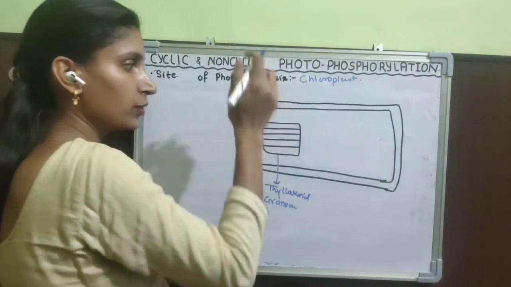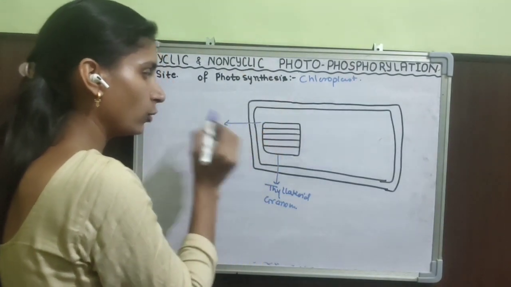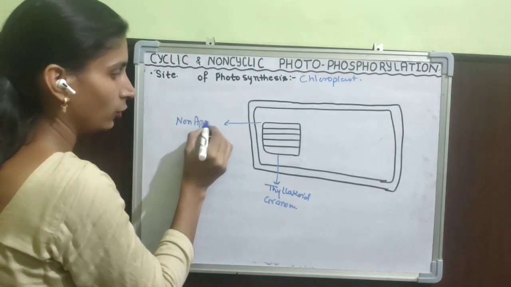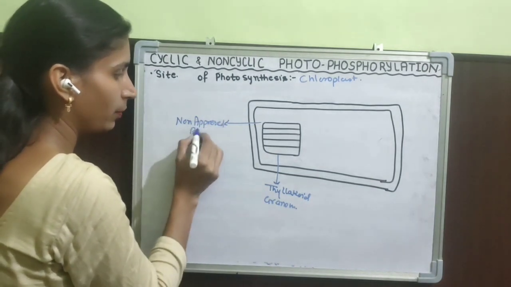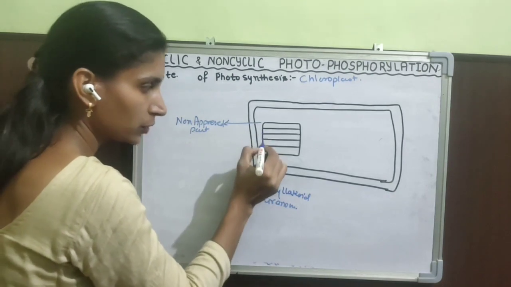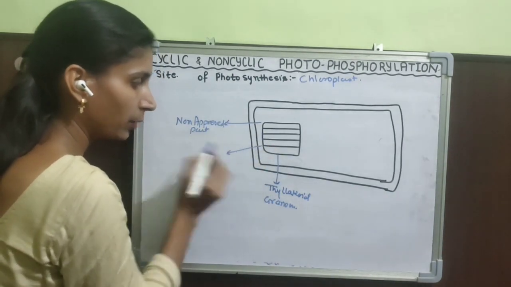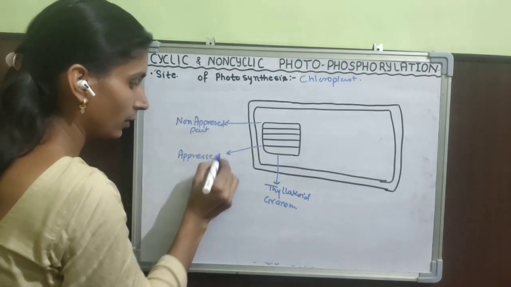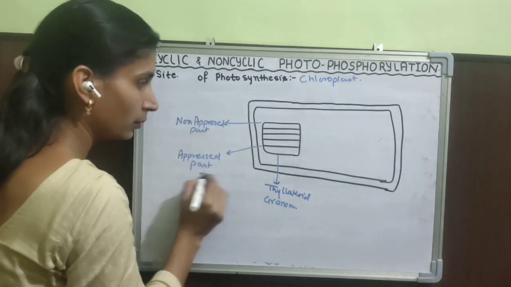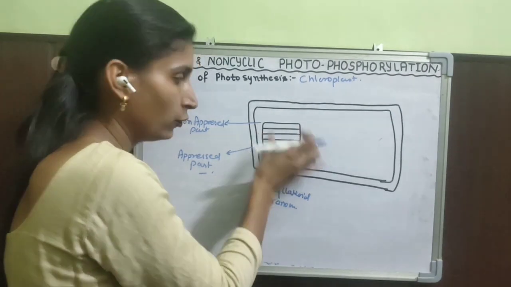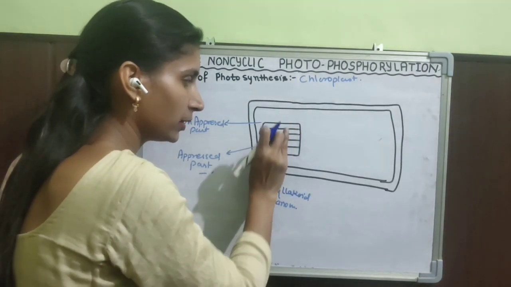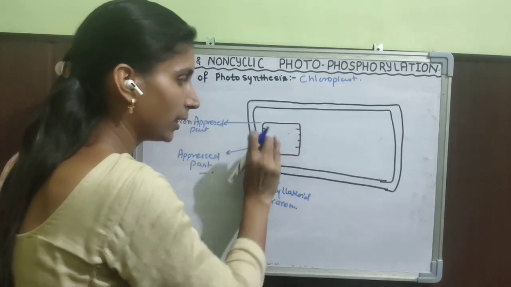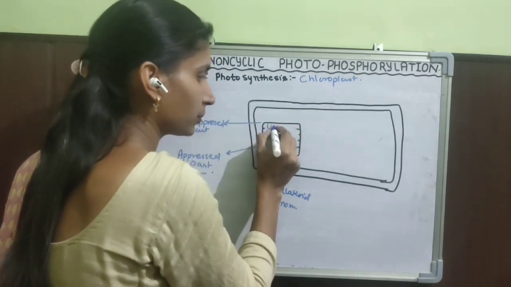This exposed part is known as the non-appressed part of thylakoid, and the part present in between the stacked part is known as the appressed part. This is the site where the light reaction takes place, on the membrane of this chamber.